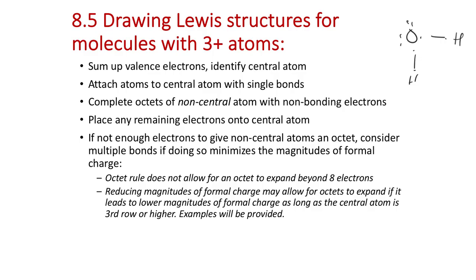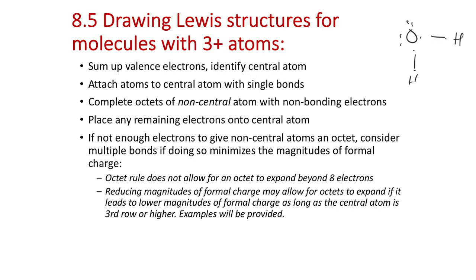What about some of these ions that we've learned how to name, like nitrate, carbonate? We can figure out their Lewis structures too, but a lot of those are going to be trickier than starting with a dot structure. They're going to need a set of rules like the ones here, and even a molecule like water, CCl4, that we previously looked at, or CH4, NH3, we can apply these rules and get to the exact same Lewis structure. But these rules are, we have to sum up the valence electron count. We have to identify the central atom.